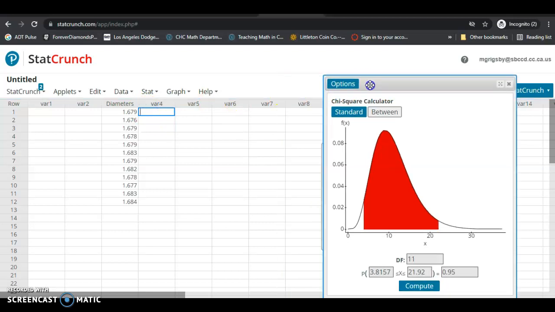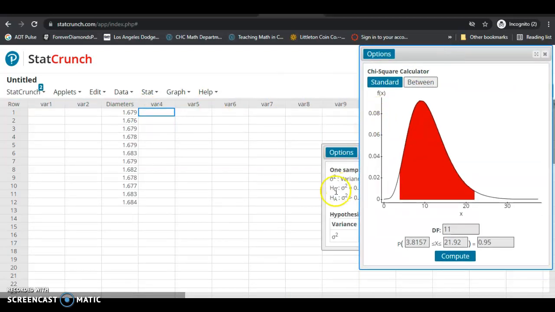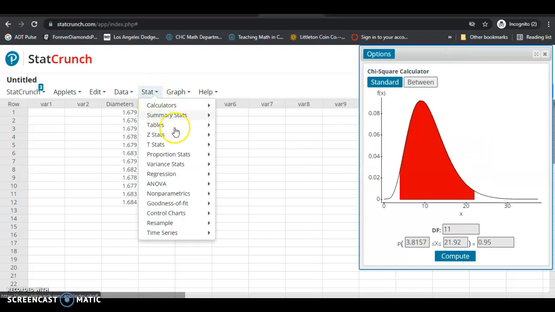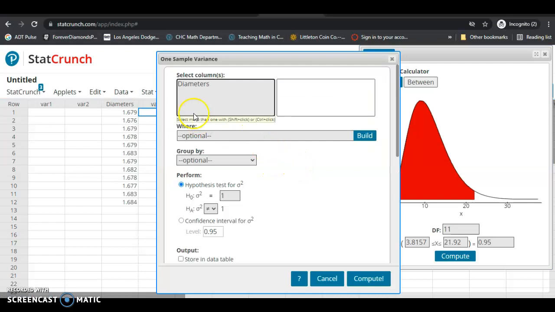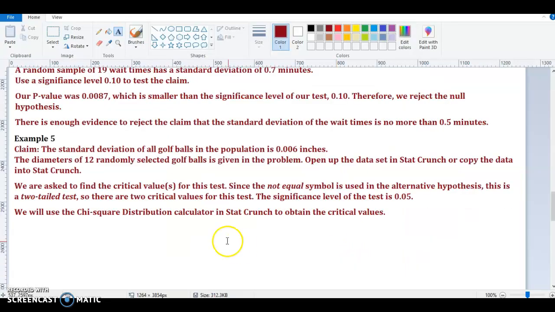After finding the critical values, we're going to go to the stat menu again, and then go to Variance Stats. We have one sample of data, so we're going to select one sample with the data, and then select the column that contains the data. Remember, in the problem it said that the hypothesized value of the standard deviation was 0.006 inches.